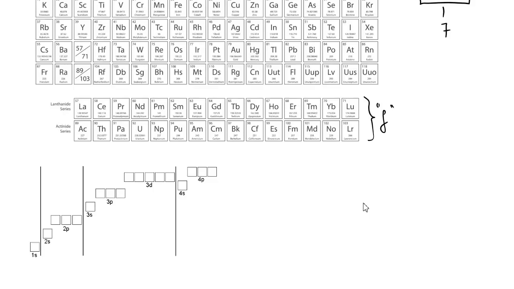I was discussing a little bit about these boxes before. Chemists are not very artistic people. They don't like drawing three-dimensional things. So instead, a lot of the time, especially if you study this at university, you'll find that they use boxes to represent the subshells.